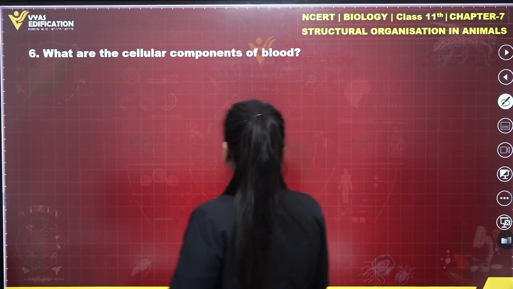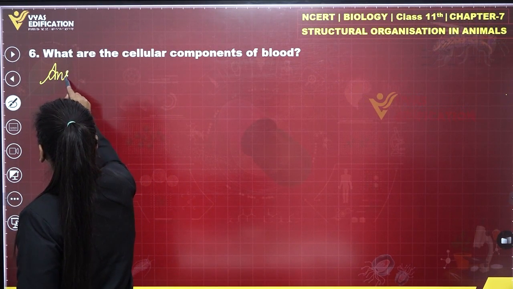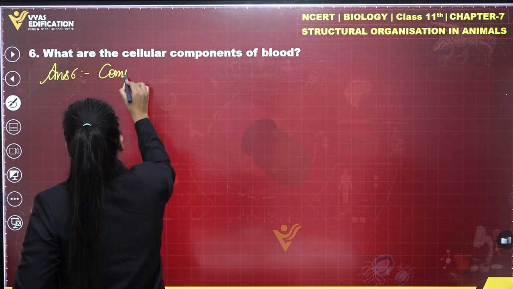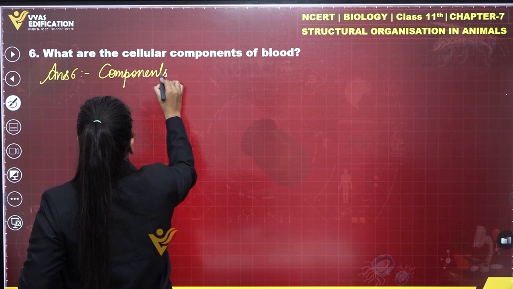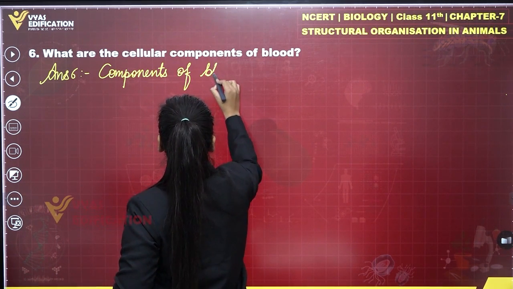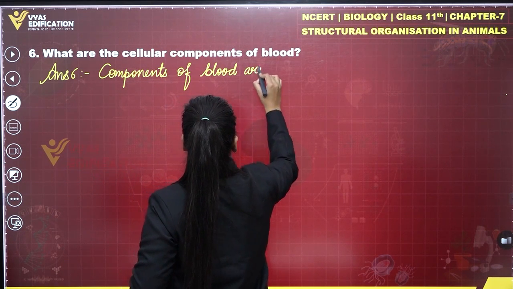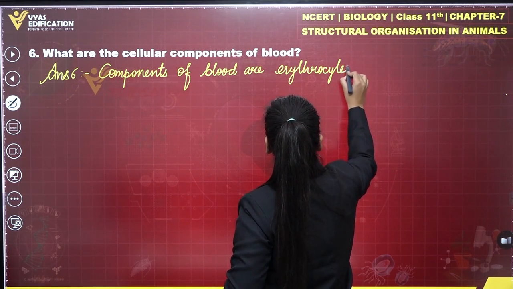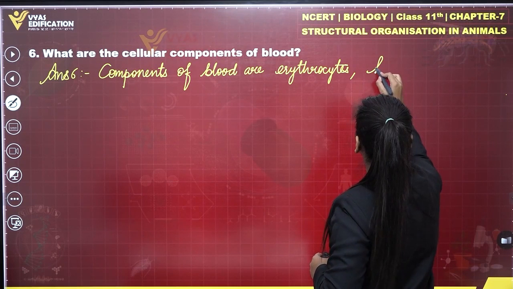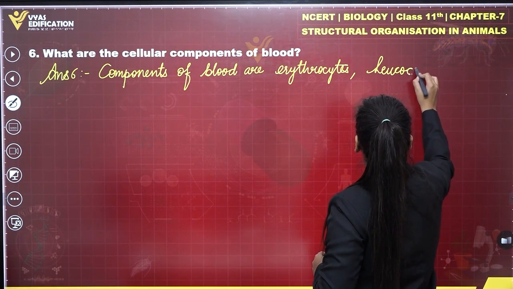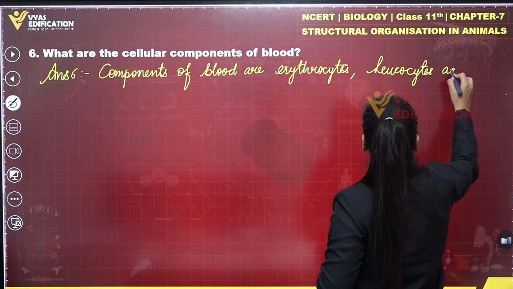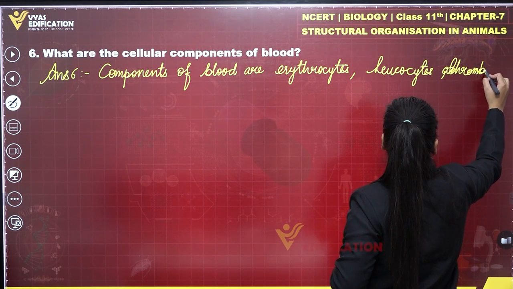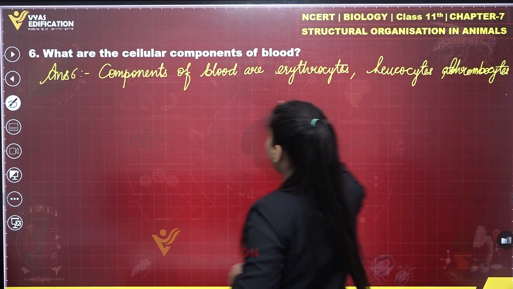So, now let's write the answer of this question, and we will write like this. Components of blood are erythrocytes, leukocytes, thrombocytes, and plasma.